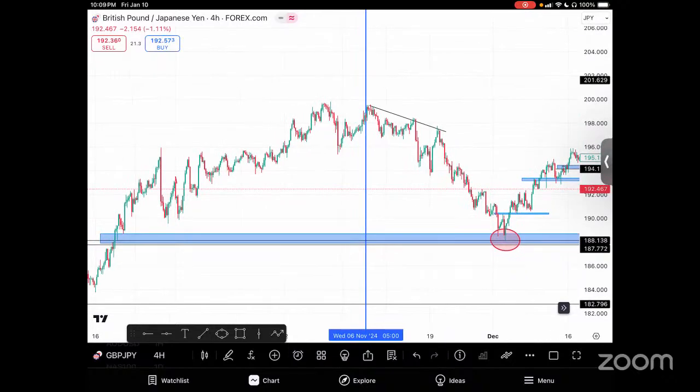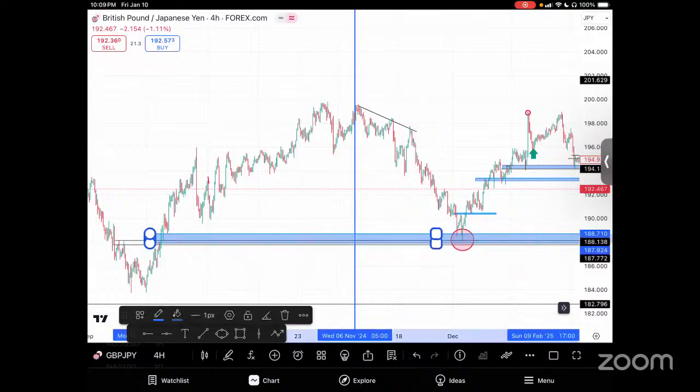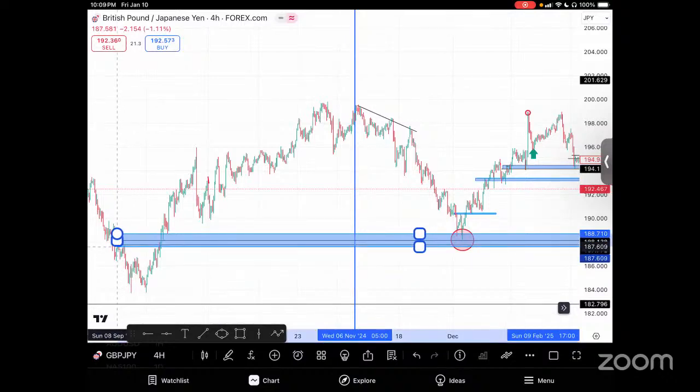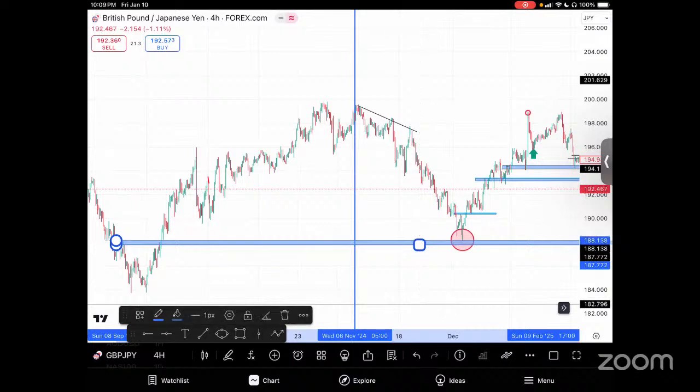Do you see that? Miss Sherry, do you see it? Todd, do you see it? Where the market wicked that zone? So that's what I'm looking for.